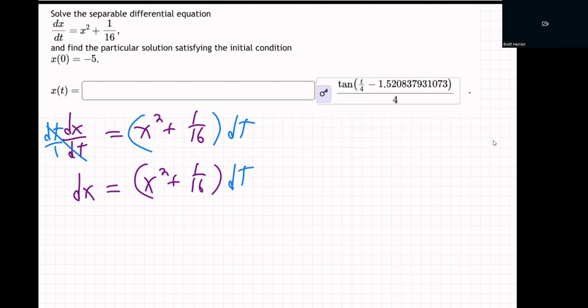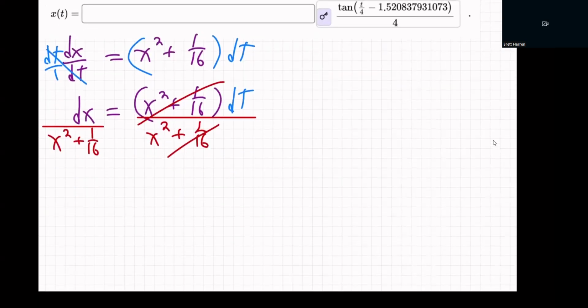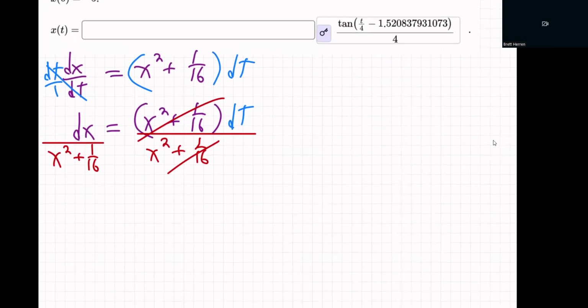And then let's divide both sides by the x squared plus 1/16, because we're getting all the x stuff together on one side and the t stuff on the other. So now, rewriting it this way, 1 over x squared plus 1/16 dx equals simply dt. So I separated it out, right?